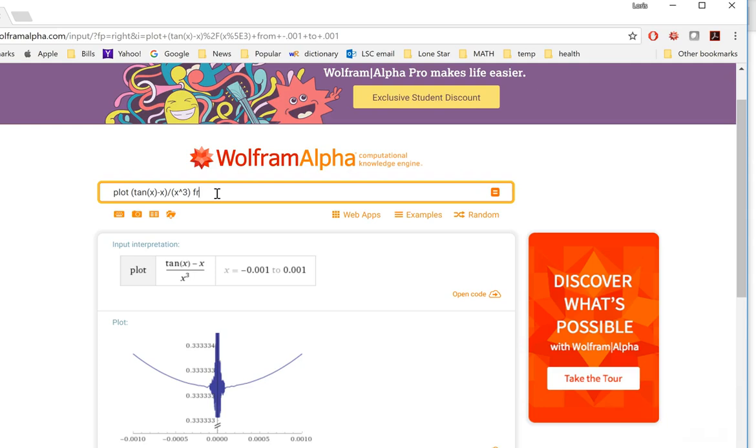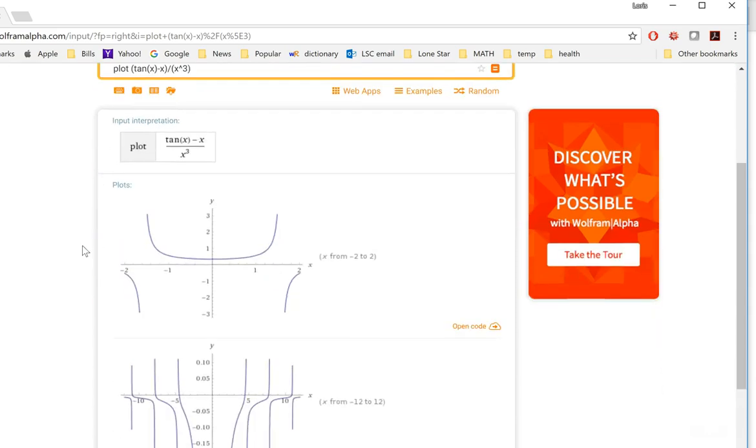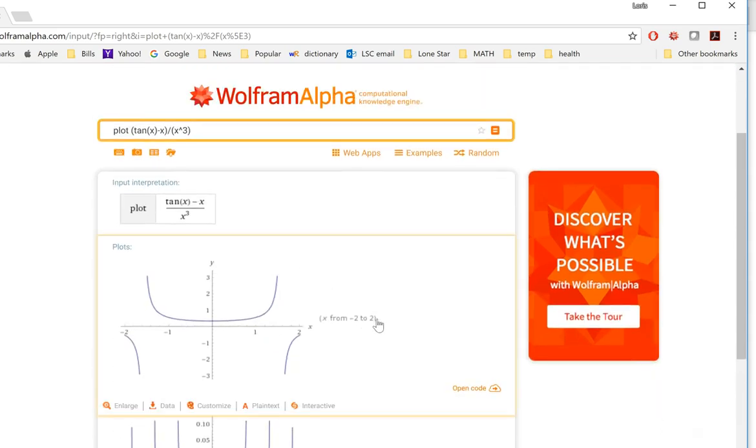Let's just see what happens. You just graph it straight out. And this is what it looks like. Now this is from -2 to 2. Apparently as x is going to 0, that's what we're concerned with, the value kind of looks like it's going to be 0.3 maybe.